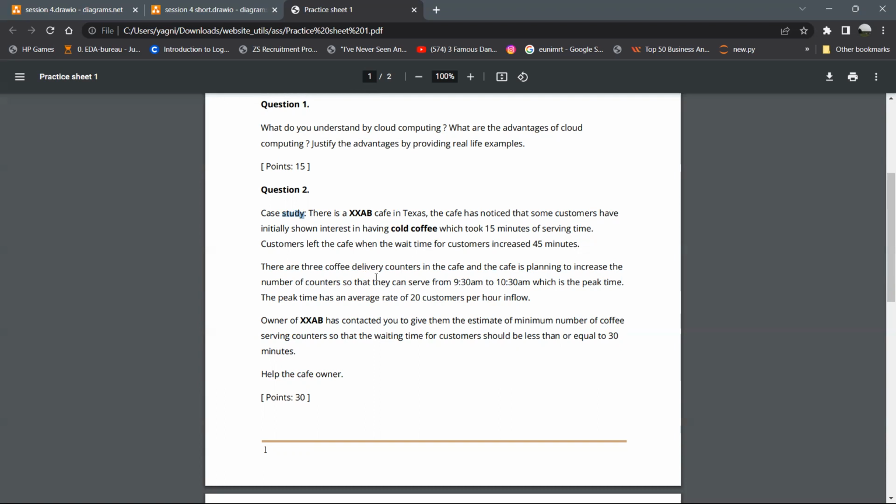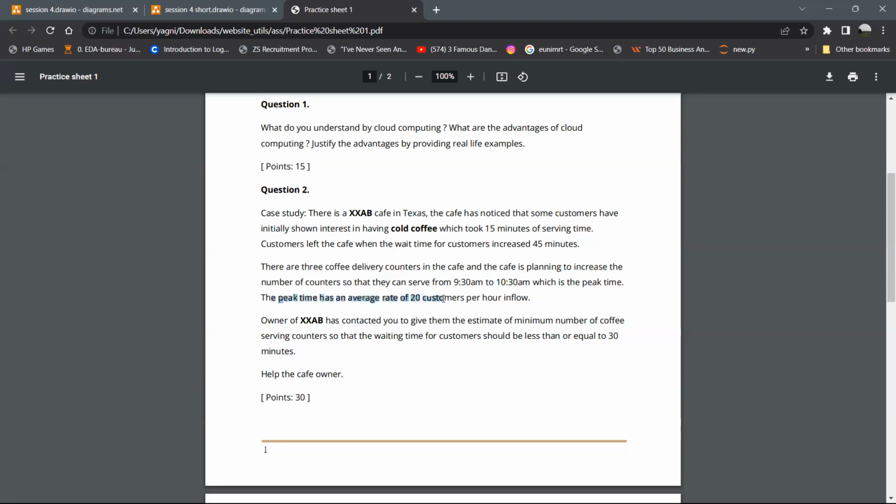As of now, the cafe has 3 coffee delivery counters, and it is trying to increase the number of counters for the peak time, which is 9:30 a.m. to 10:30 a.m., where there are more customers.